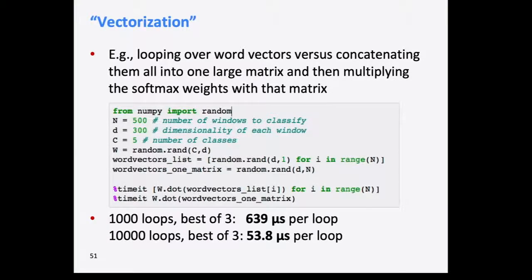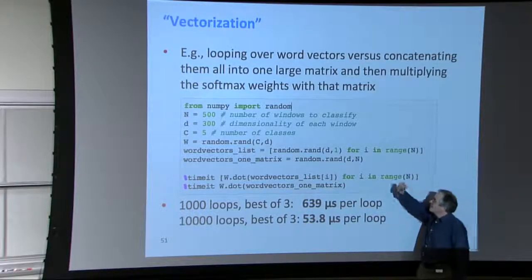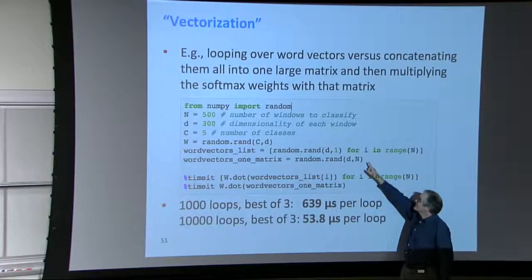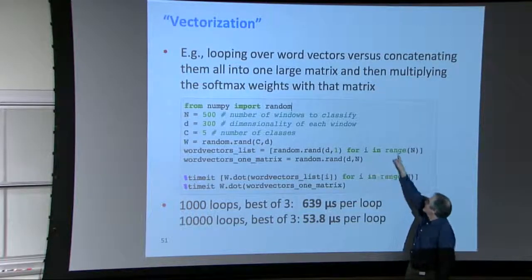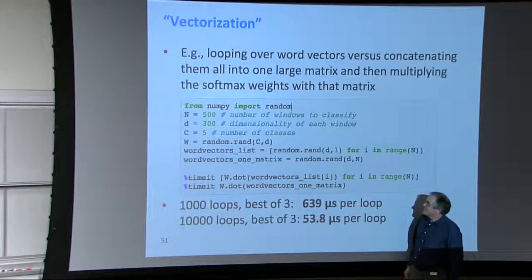Getting deep learning systems to run fast and efficiently is only possible if we vectorize things. And what does that mean? The straightforward way to write a lot of code that you saw in your first CS class is to say for i in range n, and calculate one random vector at a time.